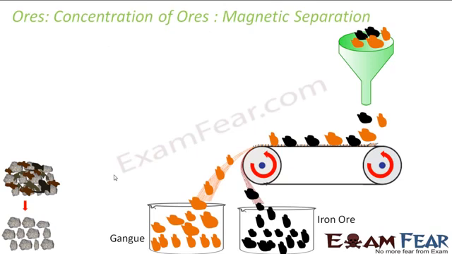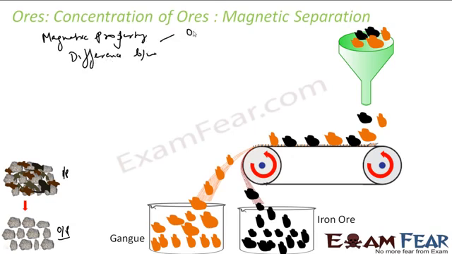The second method is magnetic separation. Here also the input is my raw ore and the output is a concentrated ore. This is based on the difference in the magnetic property between my ore and my gangue particles.